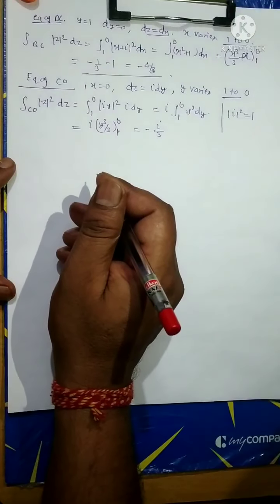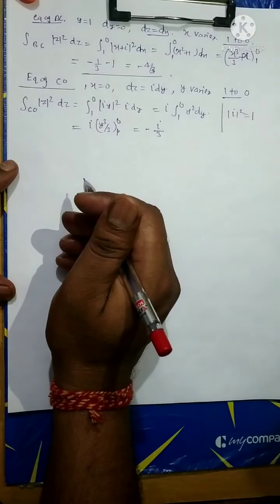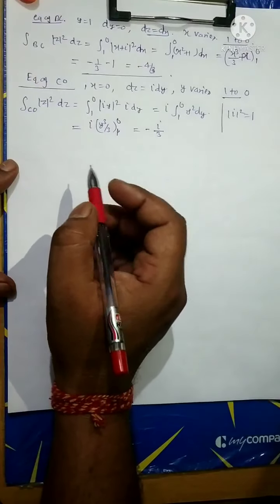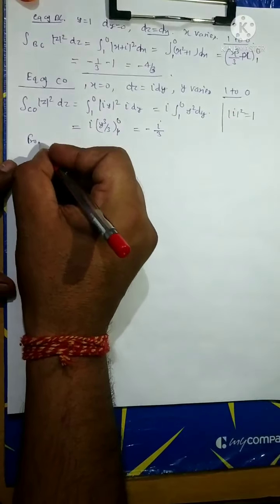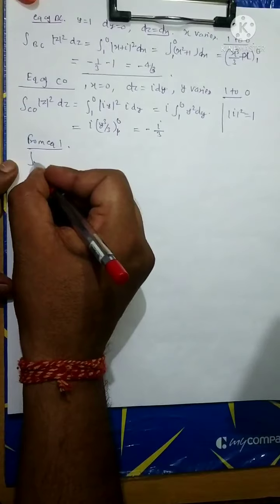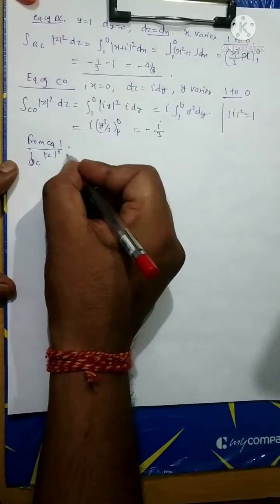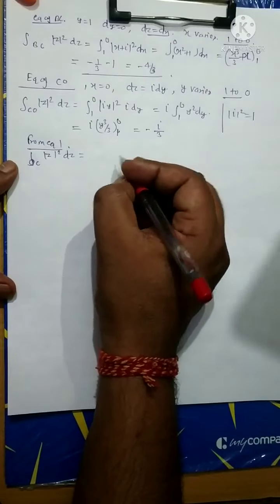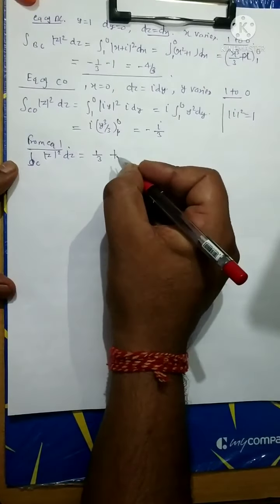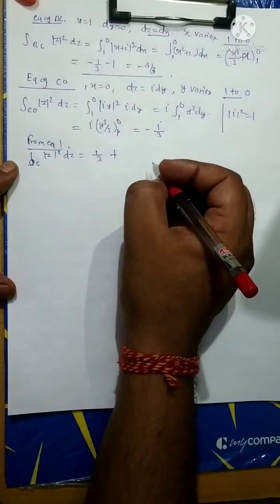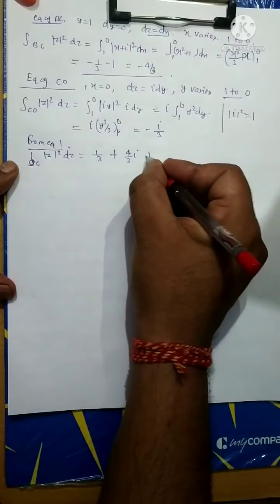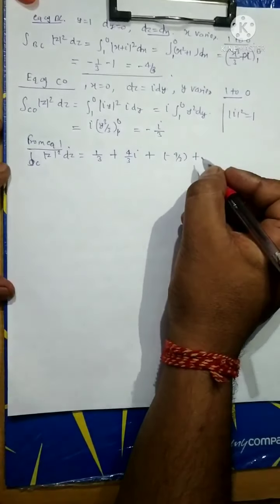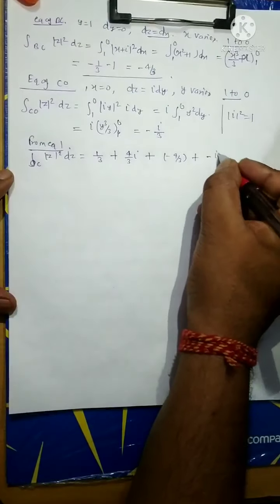Now putting the values of the 4 integrals, over OA, over AB, over BC and over CO, in equation number first, we get integration over contour C, z modulus square dz, equal to the value of the first integral, that is over OA, 1 upon 3, plus the value of the second integral, over AB, 4 by 3 i, plus integral over BC, minus 4 by 3, plus integral over CO, minus i by 3.